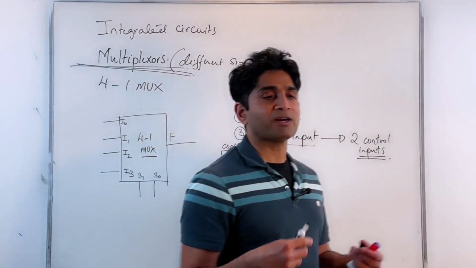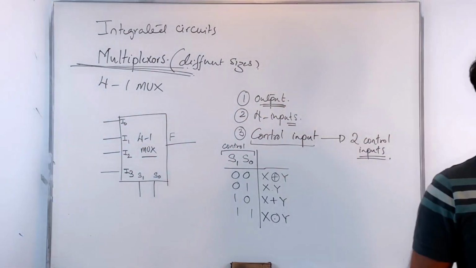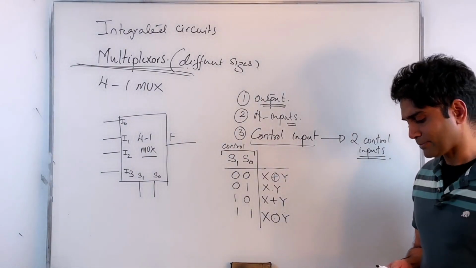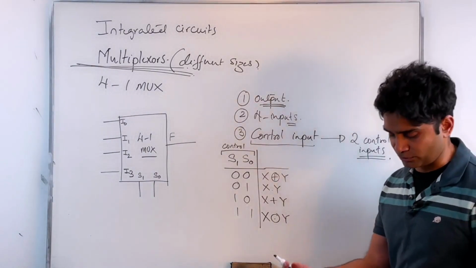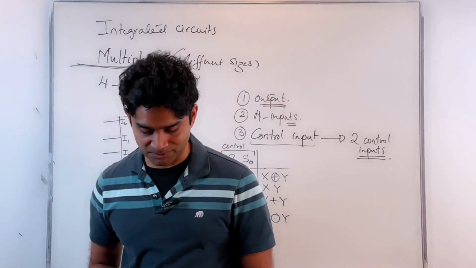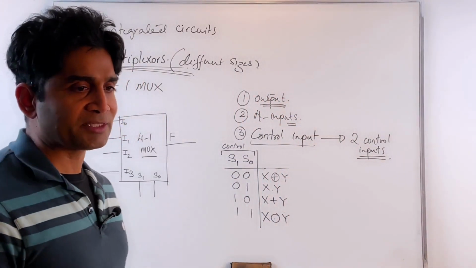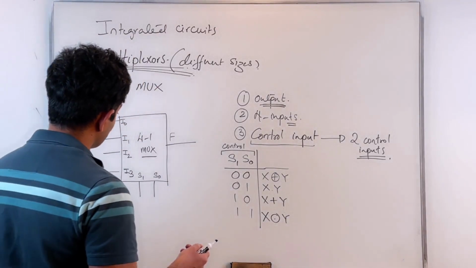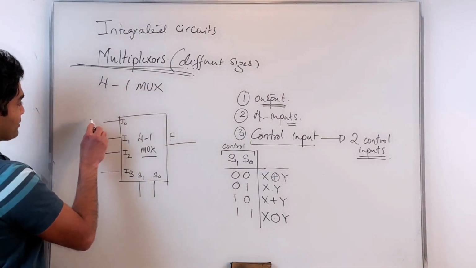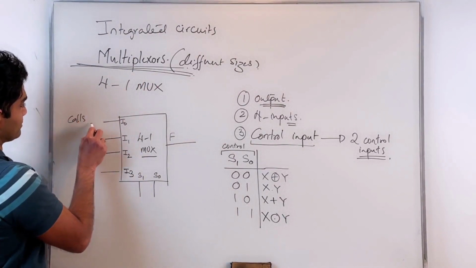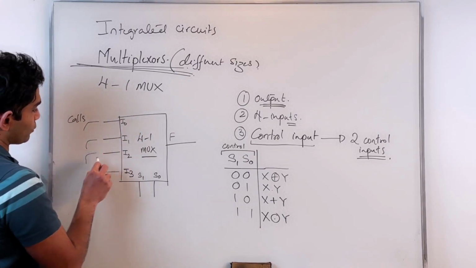What does it do? How does it function? It basically functions as something that can multiplex between the inputs. That's why the name multiplexer, right? You can imagine this as a telephone exchange. Now, let's say you have 4 calls waiting to be connected.